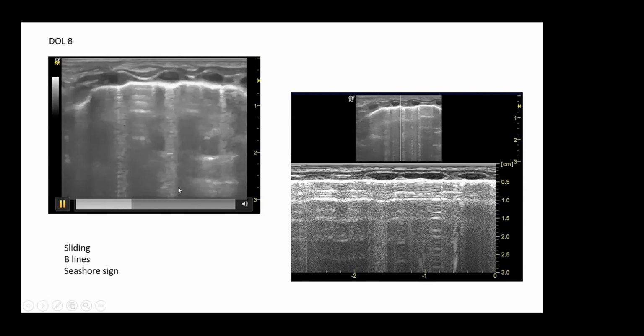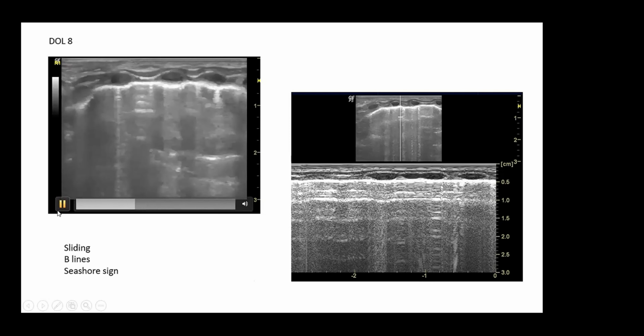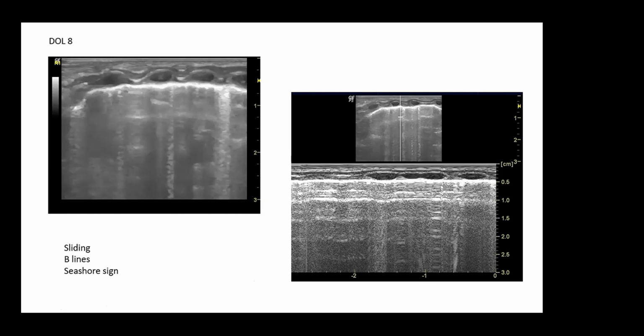And here, the seashore sign. Well, in between, it was tapped with a needle and drained the air. He didn't need a drainage, only the needle to take the air off. So I think that is it. I don't have more slides, I guess.